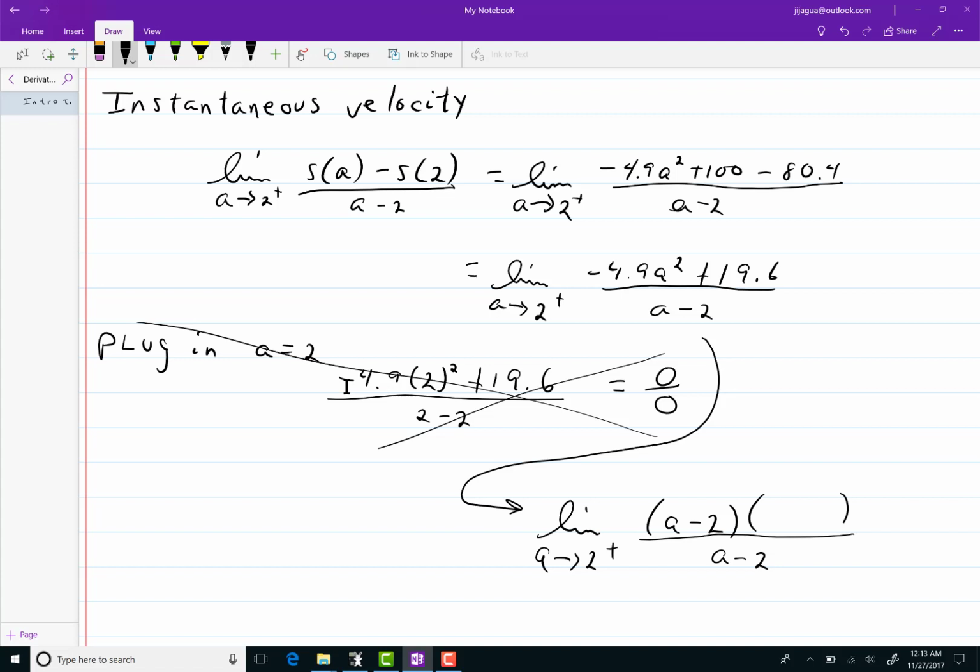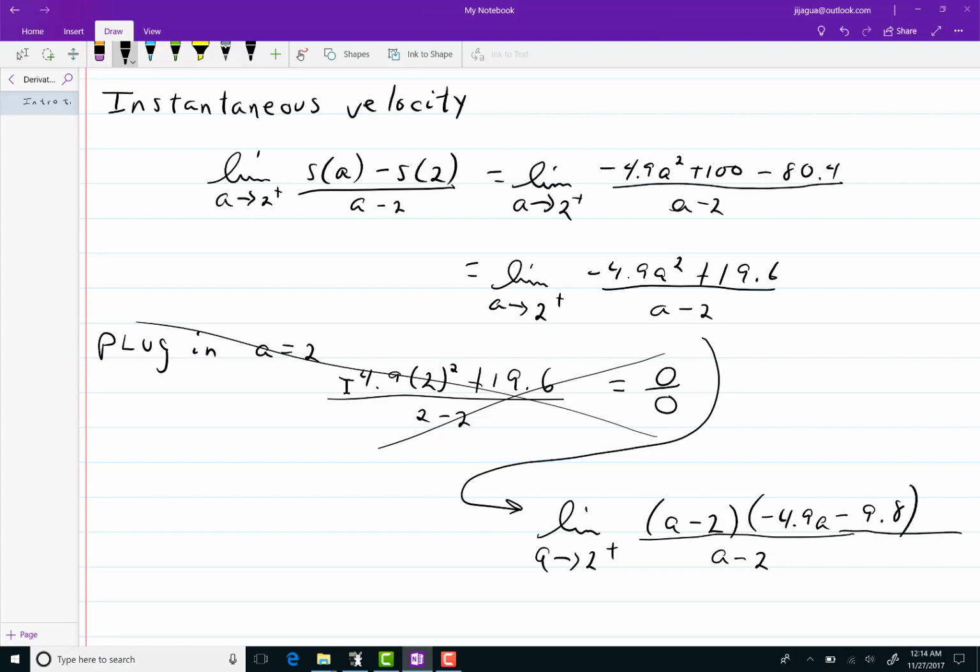Let me make the parenthesis bigger. I know I have to start with negative 4.9 a, not a squared, I just want that. And I have to end with positive 19.6. So that means I must have a minus here, and then 4.9a times 2 goes into 19.6, 9.8 times.